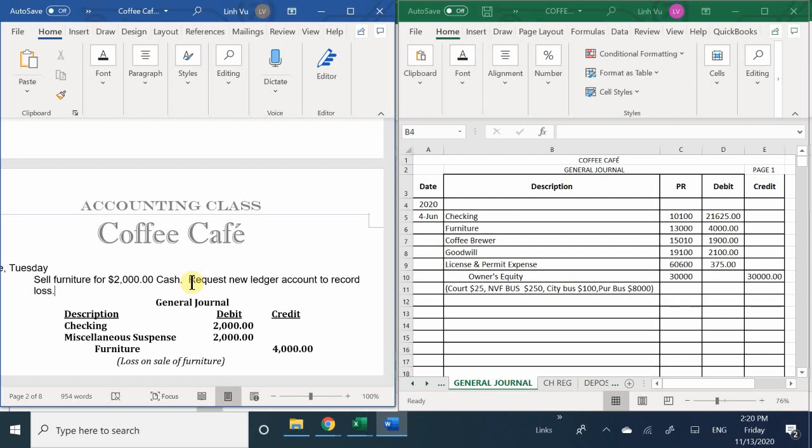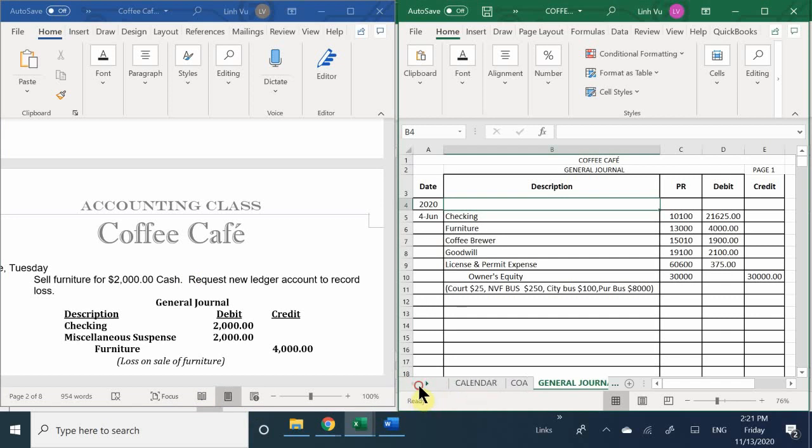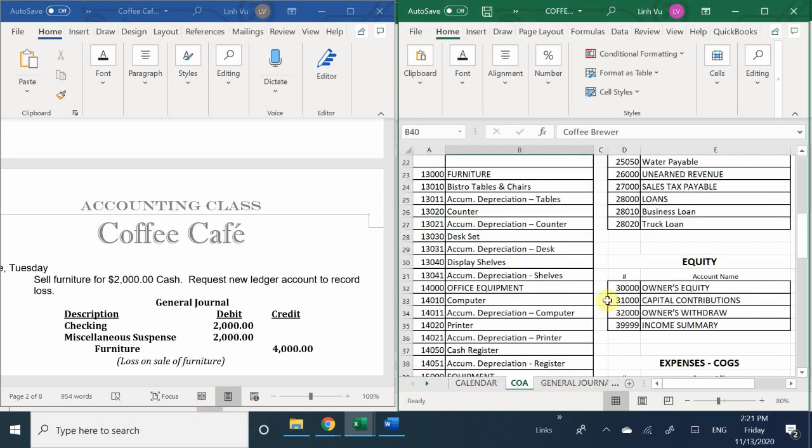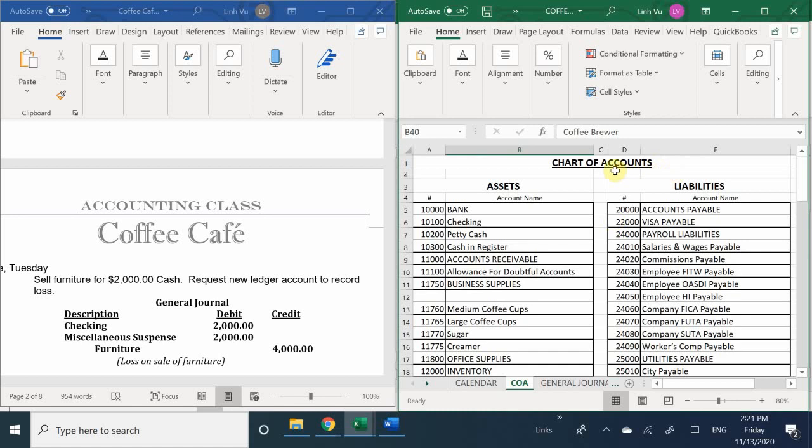We received money, right? In our chart of accounts, do we have a cash on hand or a cash account? Anything? Do we have a cash account?